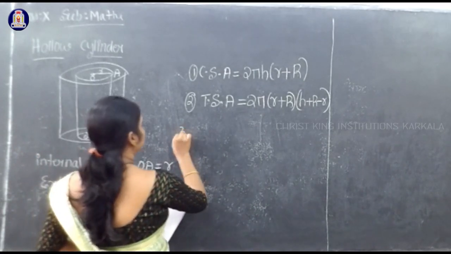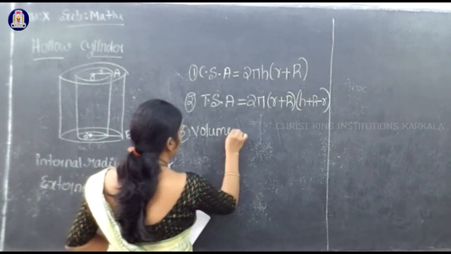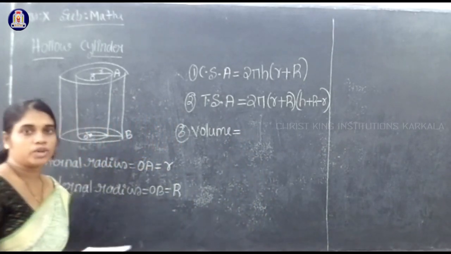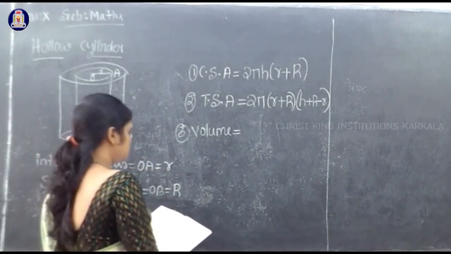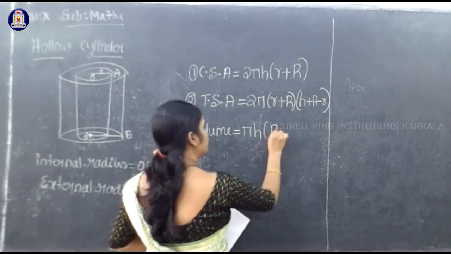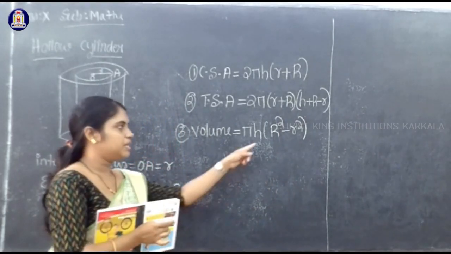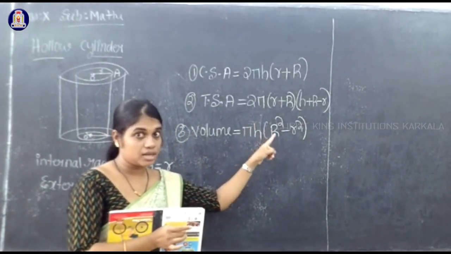Next, third one, we will see the formula we use to find the volume of the hollow cylinder. Its volume is given by pi h into (R square minus r square). Capital letter R first, the external radius.